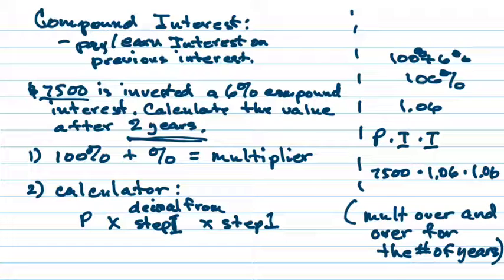So will somebody click that into your calculator and give me a number? 8,427 dollars. Okay? So that's how much money you would have if you had invested that $7,500 for the 2 years at 6% compound interest. So it's slightly different than simple interest. Okay?